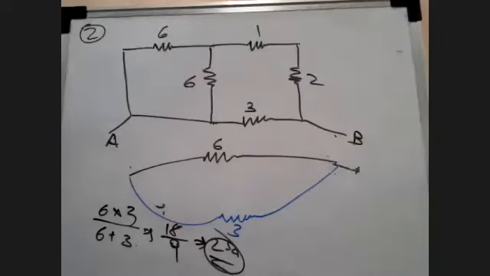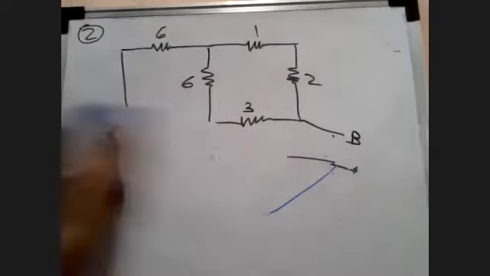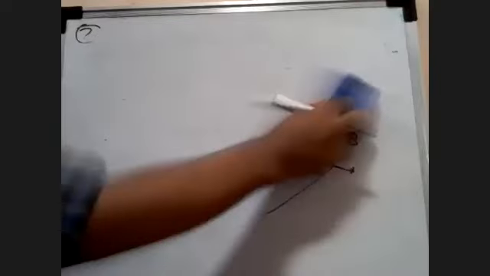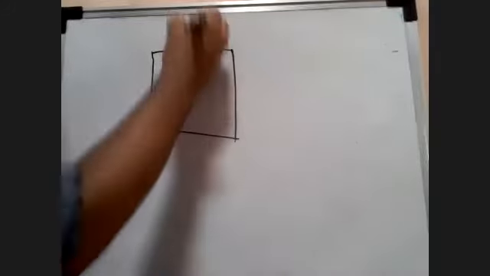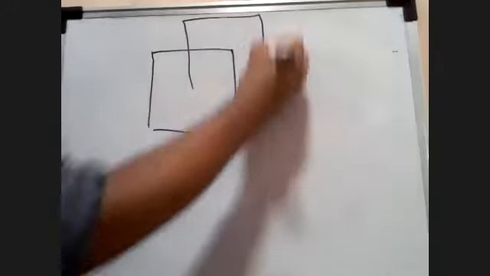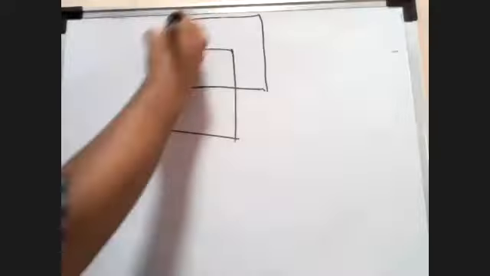Let's do one interesting one. We have 4 minutes left. Let's try this out. For those who have done this, you all can message in the chat. What is going to be the resistance across this cube?